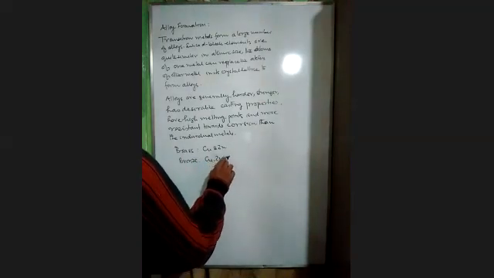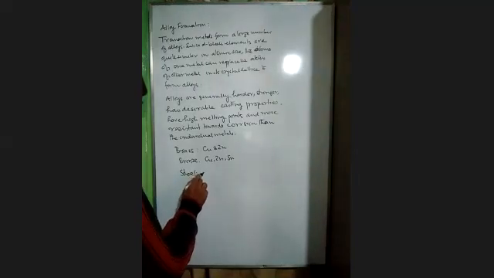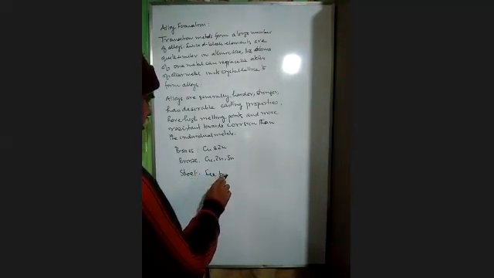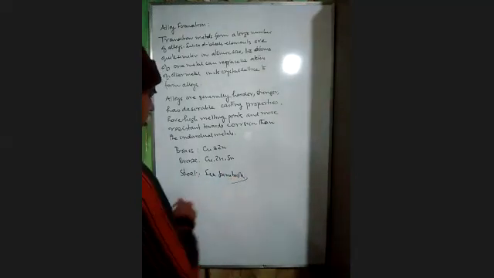Then bronze: copper, zinc, tin. Then steel, different types of steels are there. See from the book. So don't write here. Various metals are there. From the book you write down for your entrance exam.